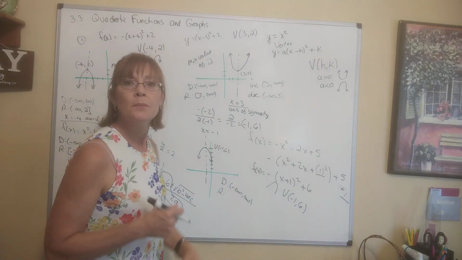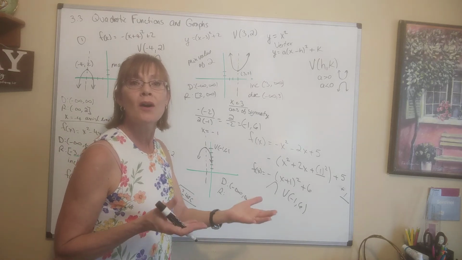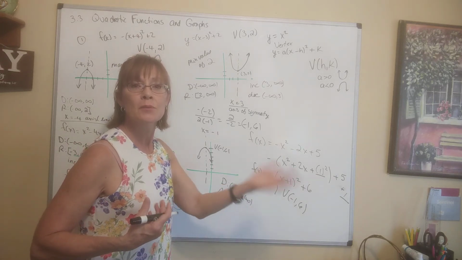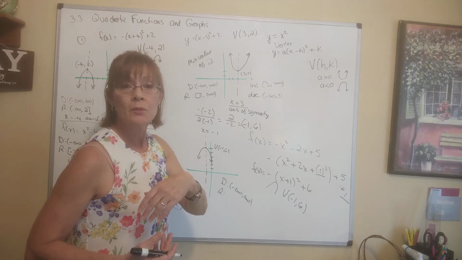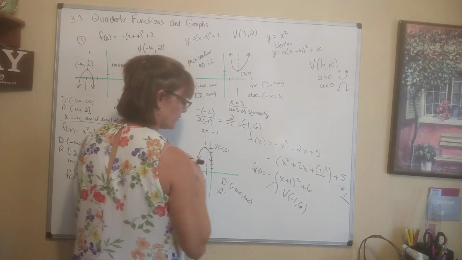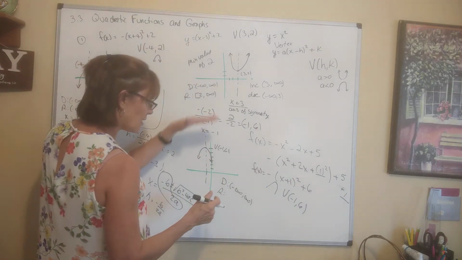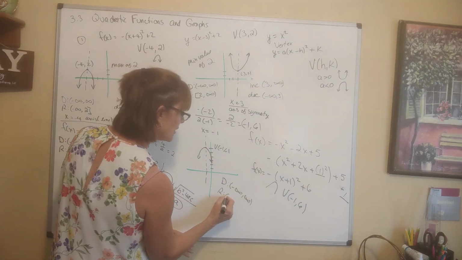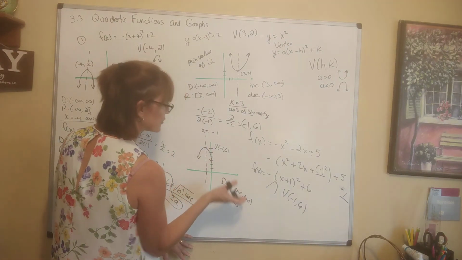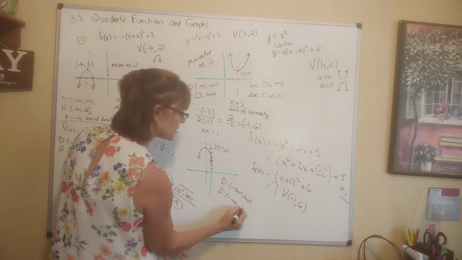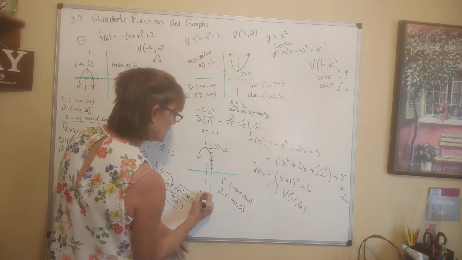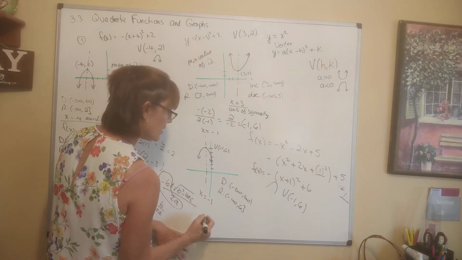Because it's a polynomial. The domain of all polynomials is negative infinity to positive infinity. Lines are polynomials. Their domain is negative infinity to positive infinity. The range, though, depends on where the vertex is. It's from negative infinity, and whether it's facing up or down, to 6 with the bracket. Equation of the line of symmetry, x is negative 1.